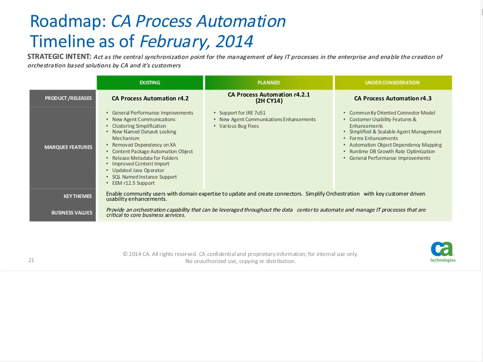We're also doing some enhancements to our agent communications that we introduced in 4.2. The initial implementation was really to validate and to get an initial working model out. In 4.2.1, we're working on increasing the scalability of that model.